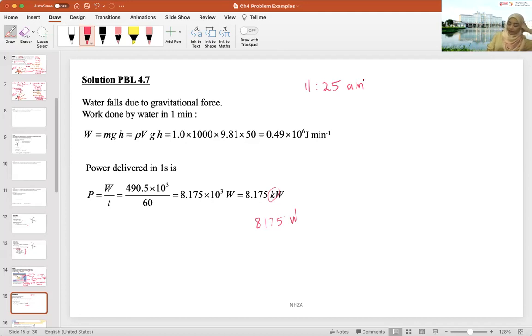Kalau soalan boleh tanya. Doktor, yep. Yang PBL 4.4 tadi tu, yang soalan B tu kan dia ada cos 180 kan?